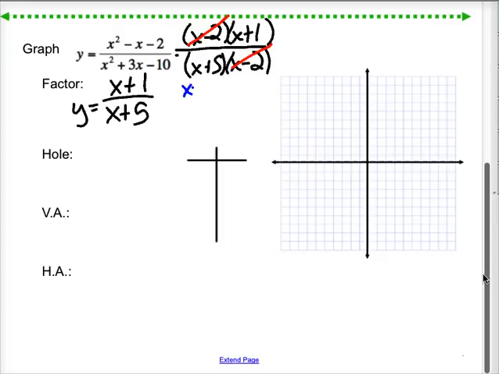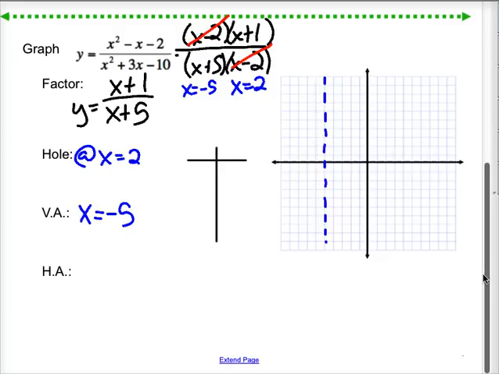And we're getting here a discontinuity at -5 and a discontinuity at 2. Remember, the one that cancels means that there's a hole at x equals 2 and a vertical asymptote at x equals -5. So I can show that vertical asymptote. We're going to come back to the hole later, because right now we don't know where that hole exists except the x coordinate.